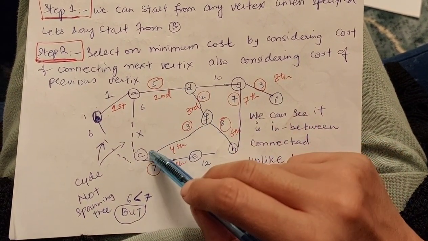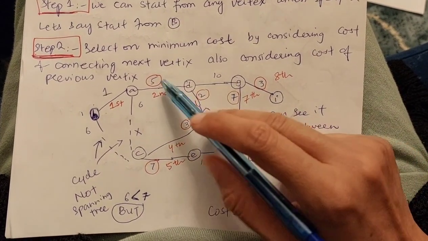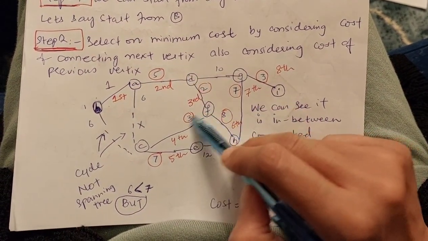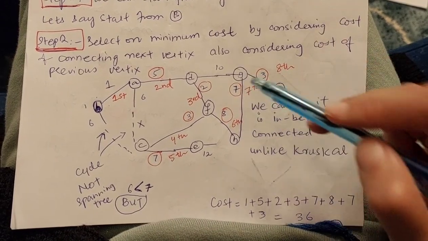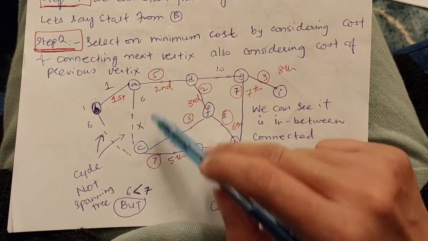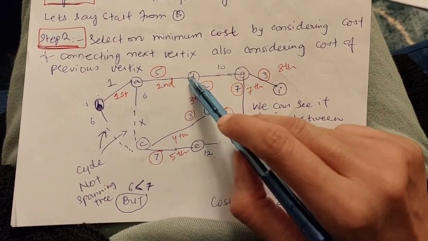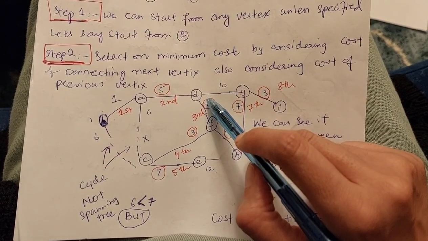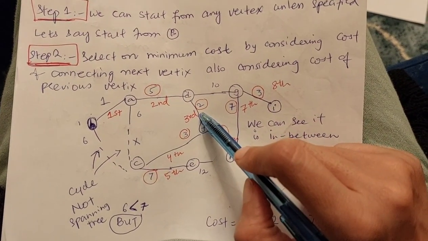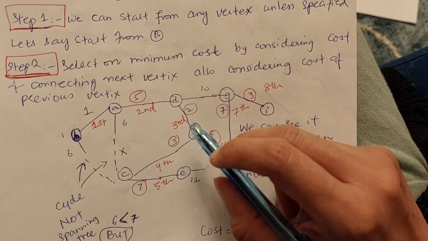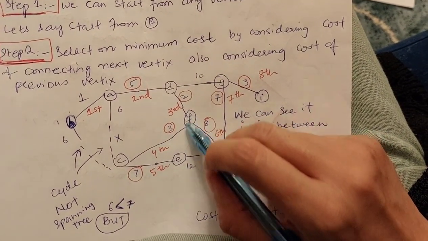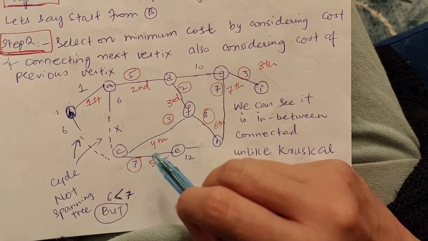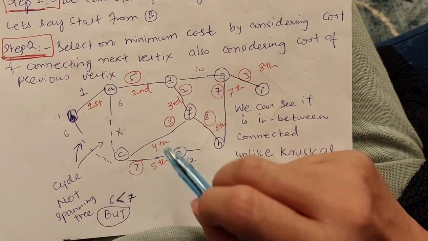So in Prim's, always remember that you stay connected. You are not going onto another loop abruptly. You are staying within the connections, connecting to the already connected loops. The one important thing to keep in mind is that whenever you are looking at the costs to make next connections, you always consider the previous costs as well.